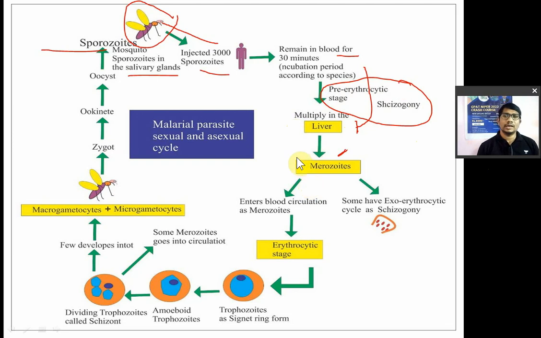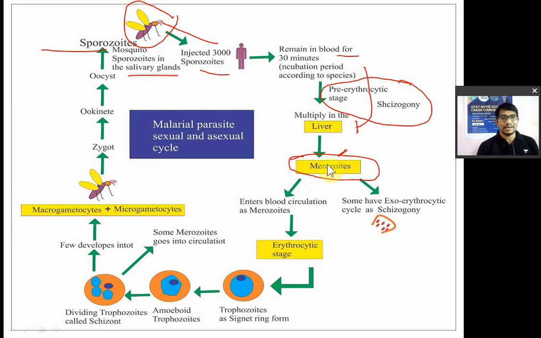Once these sporozoites get entry into the liver, they are known as merozoites. Now these merozoites have two choices depending upon the species. If the malarial parasite is, for example, Plasmodium falciparum, it will directly start multiplication in the liver cell. Particularly these sporozoites affect the reticuloendothelial cells of the liver.